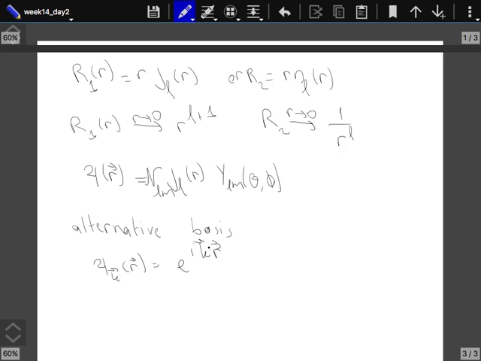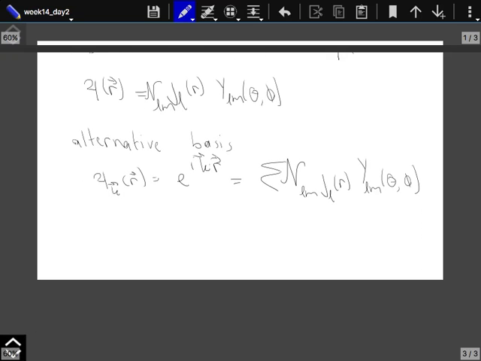Both of them are bases, and so we can expand each in terms of the other. This tells me that I can write e to the power i k dot r in terms of some coefficients times Y_lm of theta and phi.